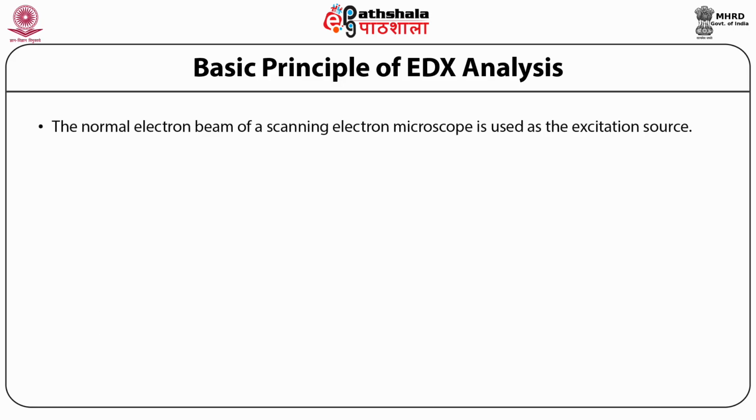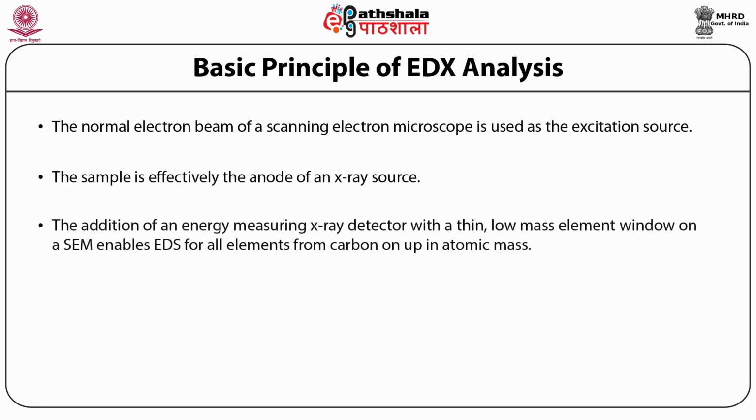The normal electron beam of a scanning electron microscope is used as the excitation source. The sample is effectively the anode of an X-ray source. The addition of an energy measuring X-ray detector with a thin, low mass element window on a SEM enables EDS for all elements from carbon on up in atomic masses.